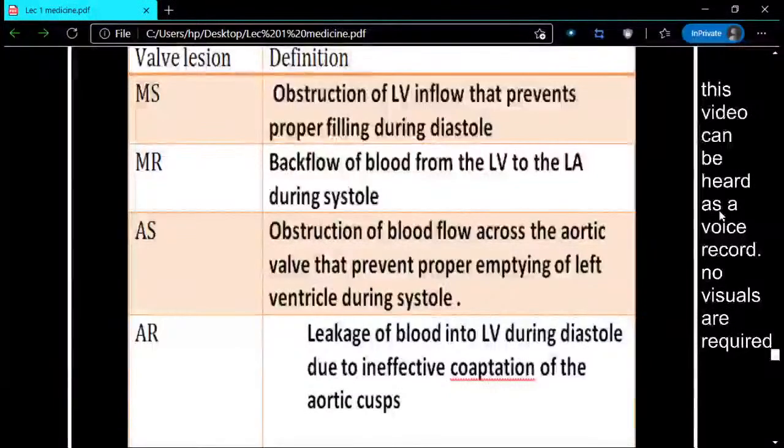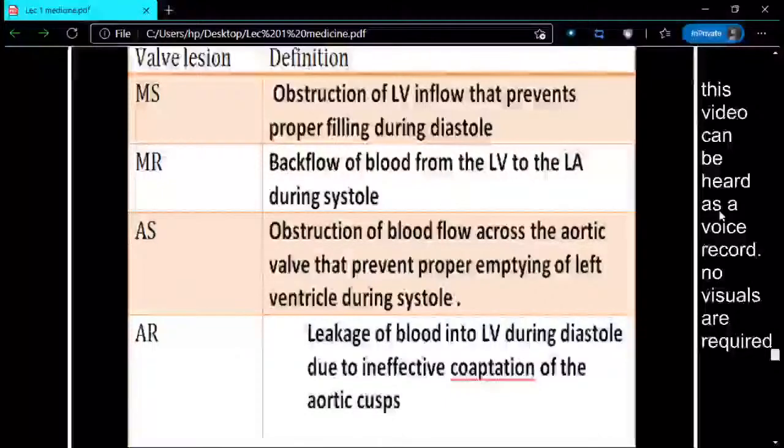Let's start with AS. Obstruction to the aorta, also of the left ventricle, improper emptying.